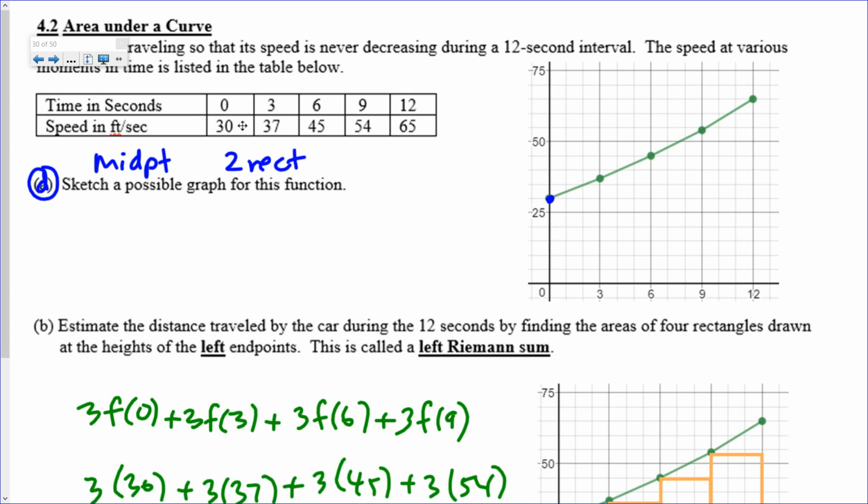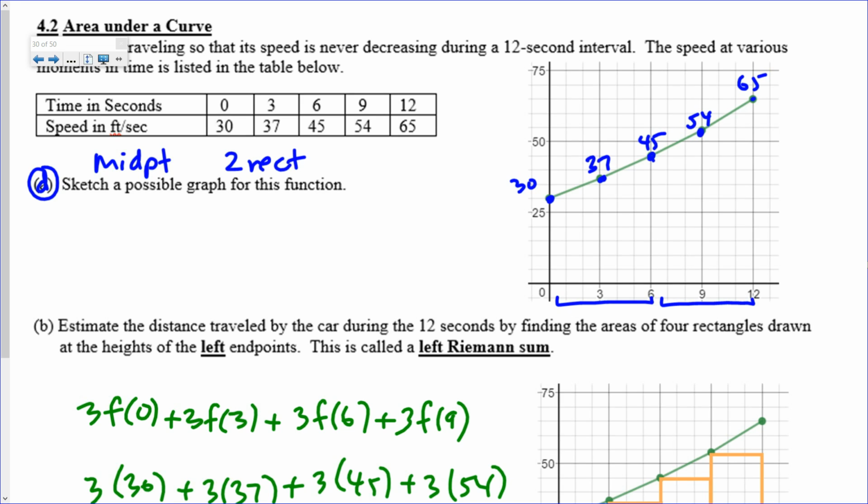Once again, you have 0 at 0:30, 3:37, 6:45, 9:54, and 12:65. But this time, instead of dividing it into 4 parts, I'm going to divide it into 2 parts. So I'm going to have only 2 rectangles.